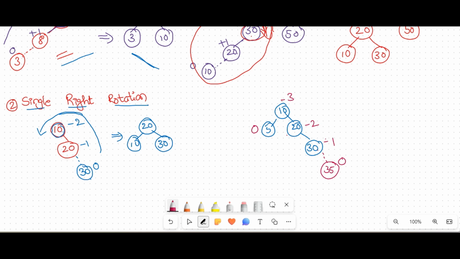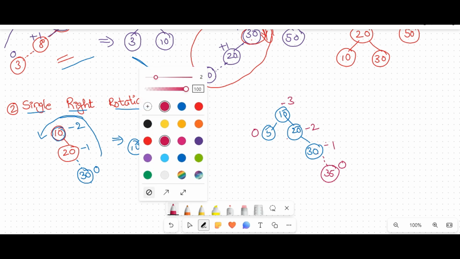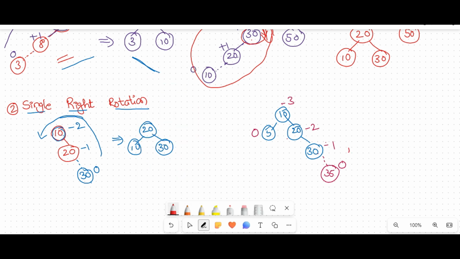What I told: here at two places the property is failed, but at the bottom level only we have to consider. If you balance this one, automatically the tree will be balanced. That's why you first check at the bottom level.